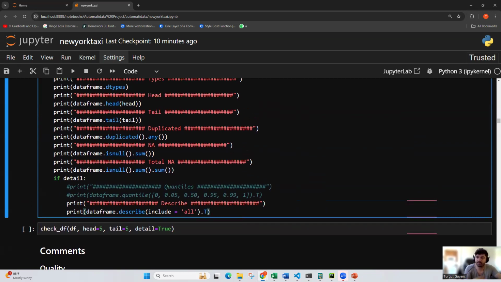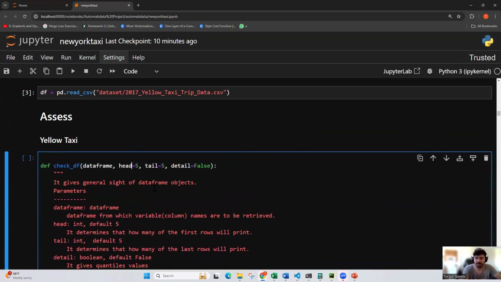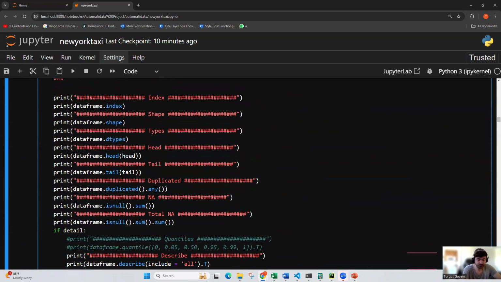Of course, you know that if you call head on the data frame, it will show us the first 5 values, but you can change that by entering an argument, saying I want to see the first 10 values, depending on your needs. We just pick 5 here, which is actually the default value.